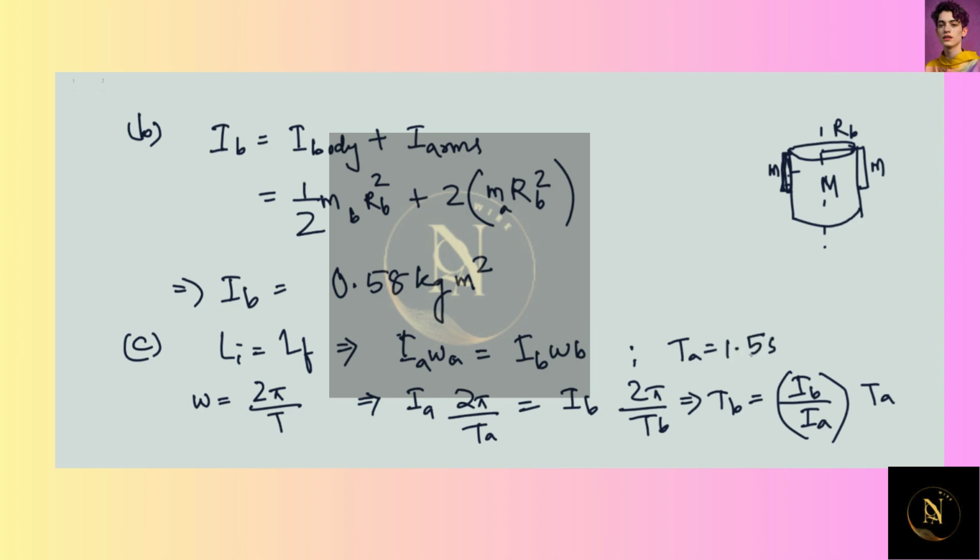So we plug this value in, including the values of I_A and I_B that we found in the previous parts, and solving them we get T_B to be equal to 0.3462 seconds.